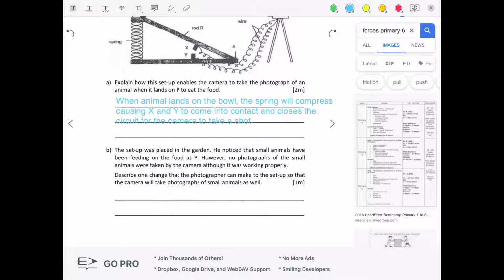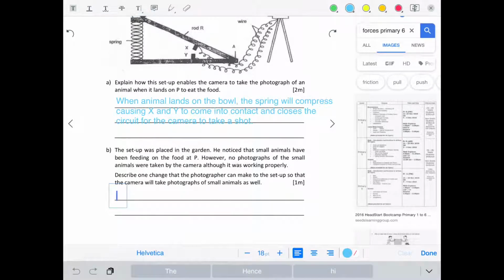So apparently the animals are cleverer than him, right? What did the animals do? The small ones were able to eat the food without him knowing.